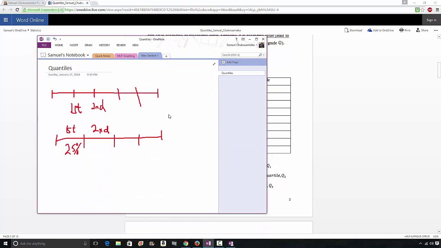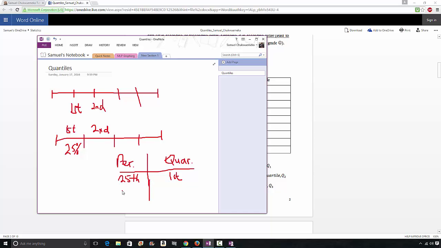I know I have my percentiles and I have my quartiles, so you could do proportional reasoning. I have that my 25th percentile is my first quartile.